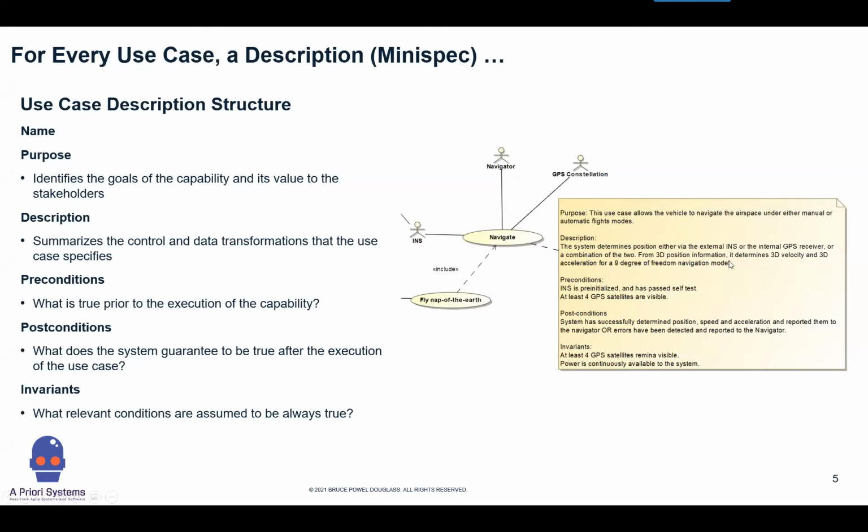The description is you get position from either the internal inertial nav or GPS, or some combination of the two, and given position information, determine velocity and acceleration with a 9-degree-of-freedom model. Preconditions: we've initialized the system, it's passed self-test, and I can see at least 4 GPS satellites.